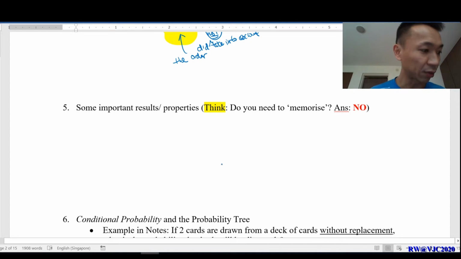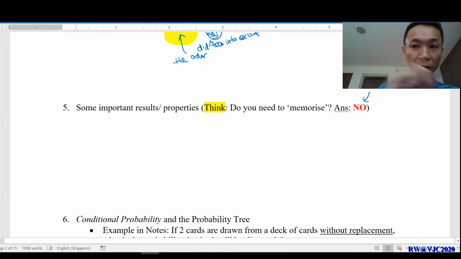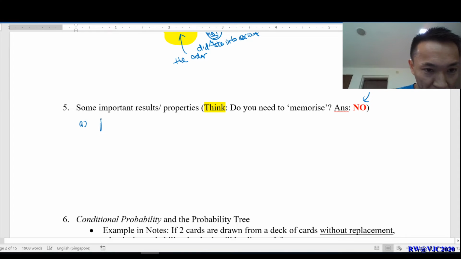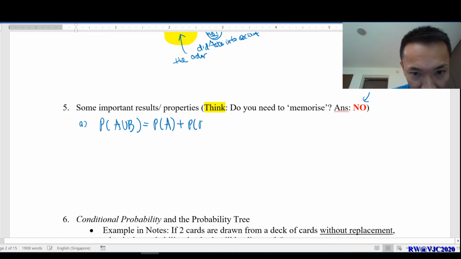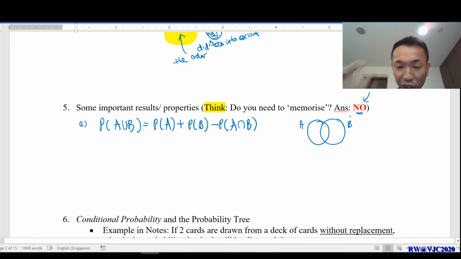There are some important results that I need you to know, but do you need to memorize? I give you the answer first. Oh, no need to memorize. First one, probability A union B equals probability A plus probability B minus probability A intersect B. I think the reason why I say no is because you use the Venn diagram and you can easily think that it's logical.